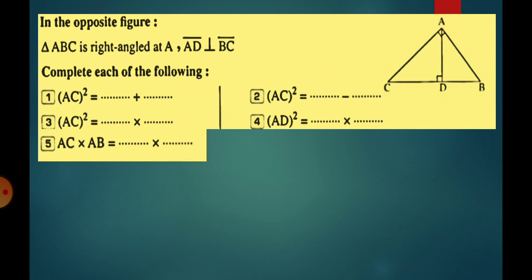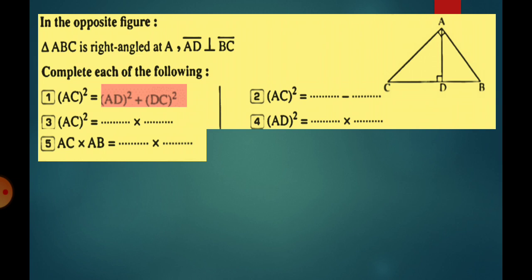So we look at triangle ADC. Here AC is the hypotenuse, so AC power 2 equals AD power 2 plus DC power 2.